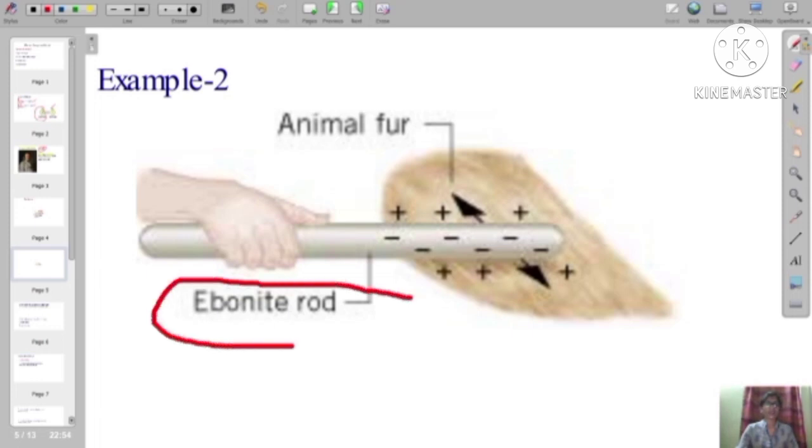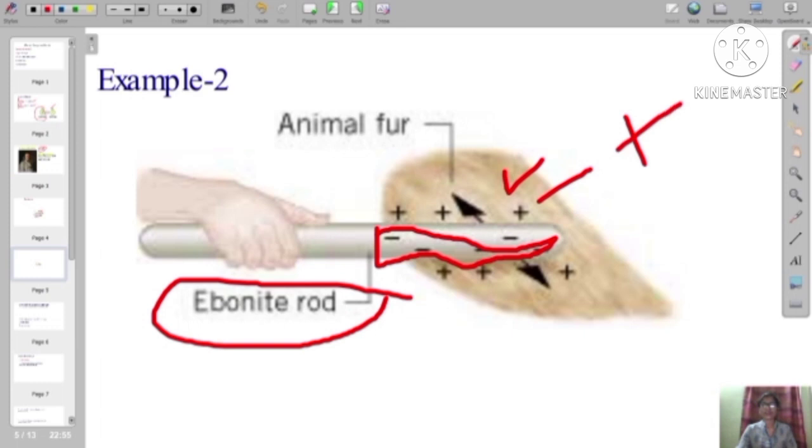When an ebonite rod or a plastic rod is rubbed with this fur, equal amount of charges both materials will have usually. Then when those two things are rubbed to each other, the ebonite rod will specifically have the majority of charge carriers as negative charge, and fur will gain positive charge.